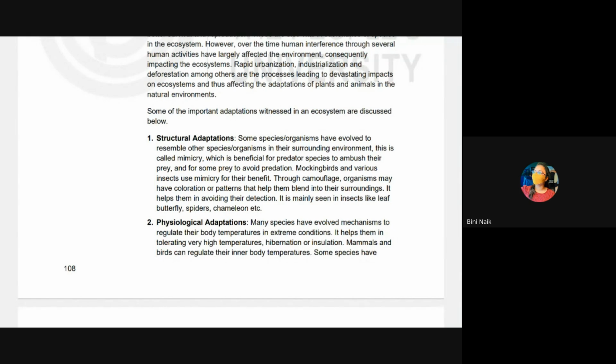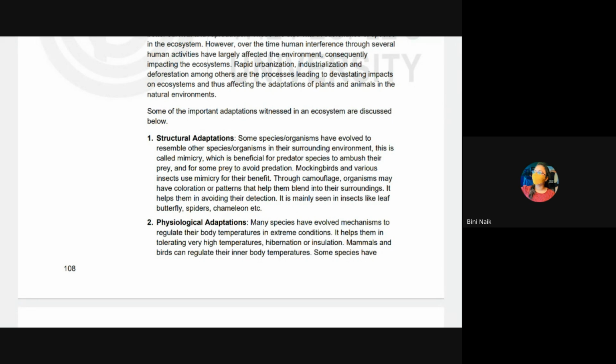When they need to change the structure of their body, shapes, color, or anything to adapt to that climatic condition, or maybe to that region, then we are basically calling that structural adaptation. Now, you must be knowing about the chameleons. Chameleons are very good examples. They can hide in different plants, and they can change their body colors.